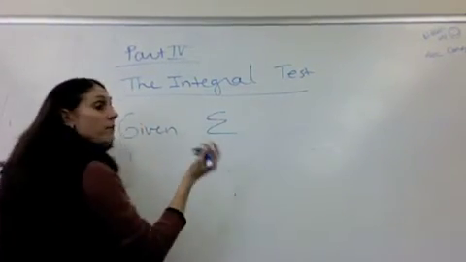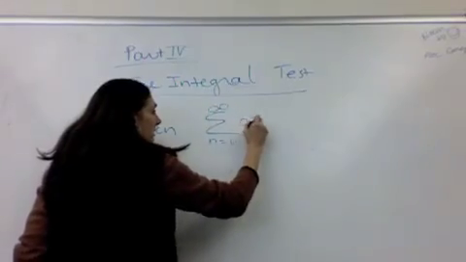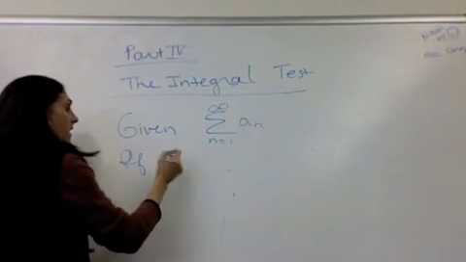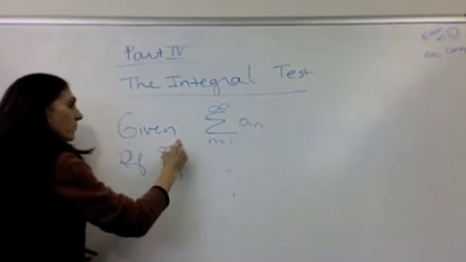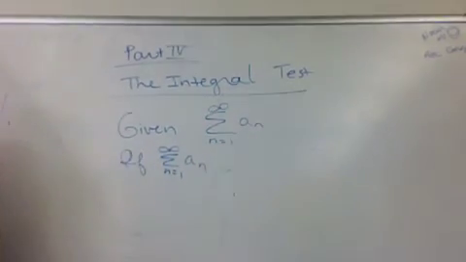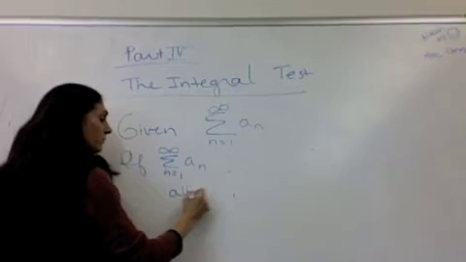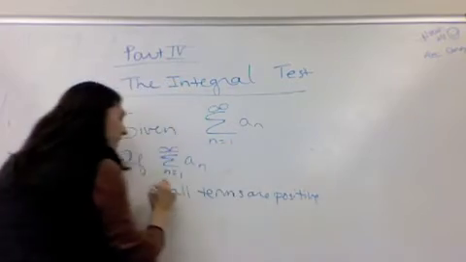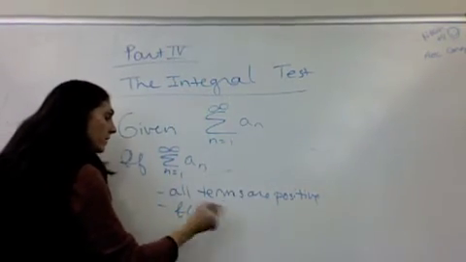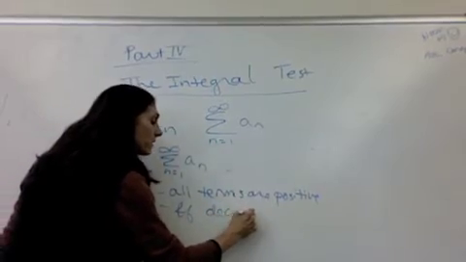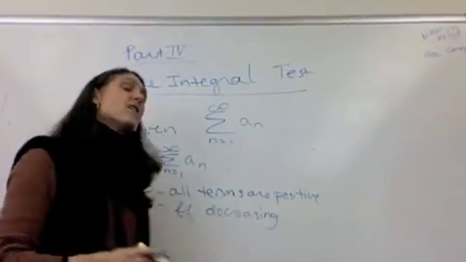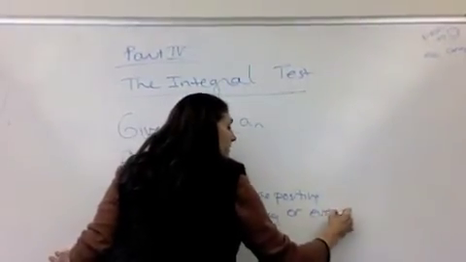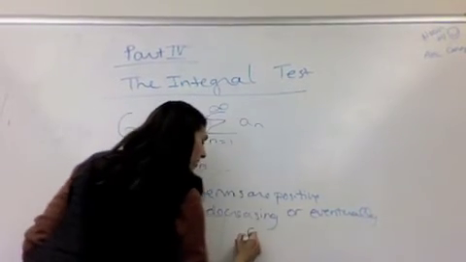So given some infinite series, the sum from n equals 1 to infinity of a sub n, if all the terms are positive, and if it is decreasing, or eventually is decreasing, steadily decreasing.